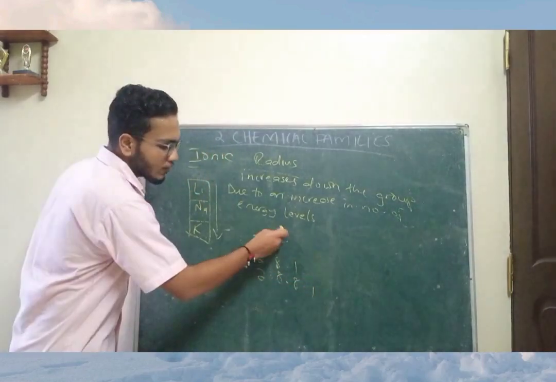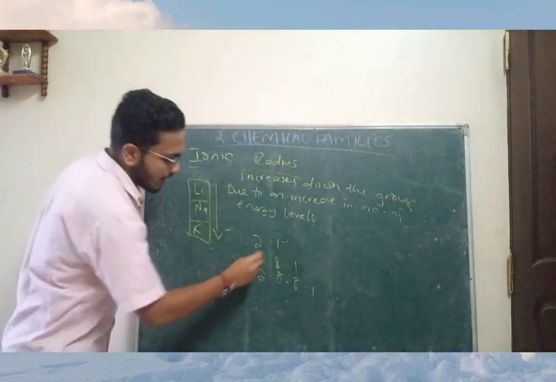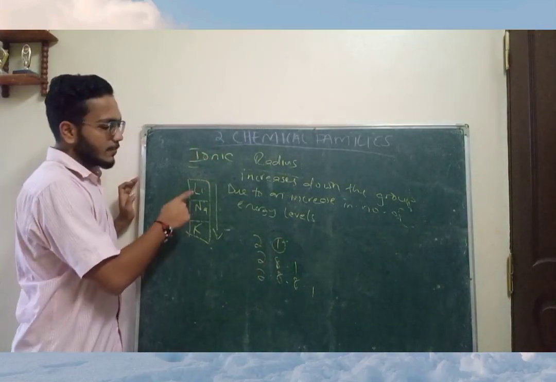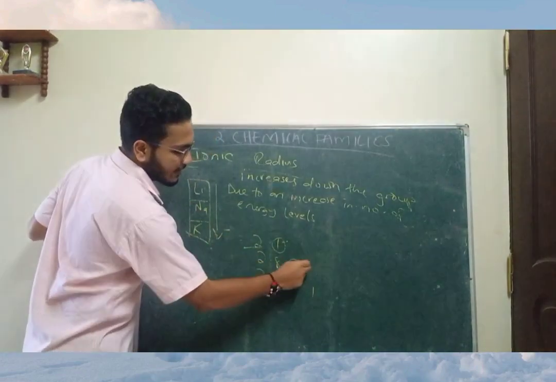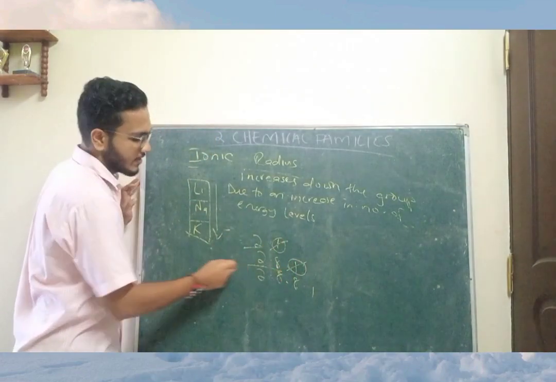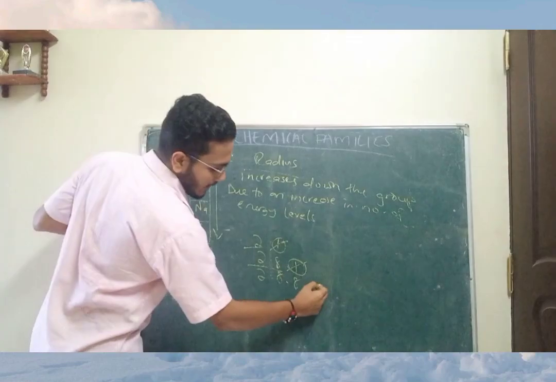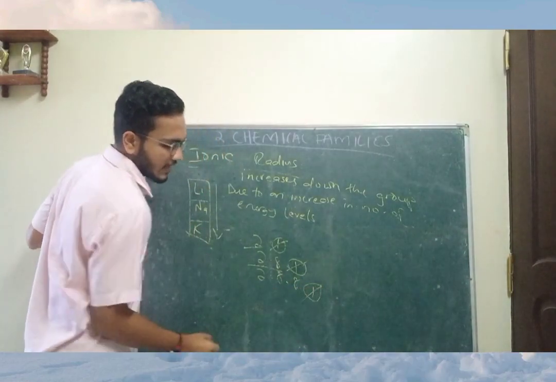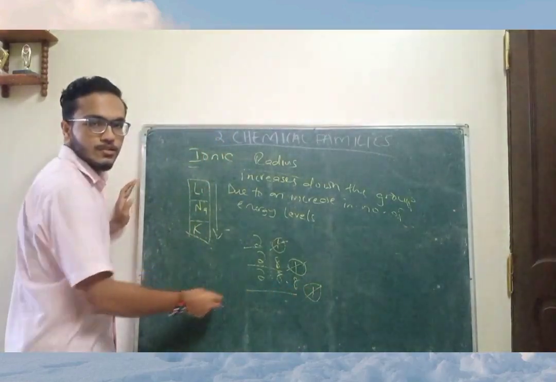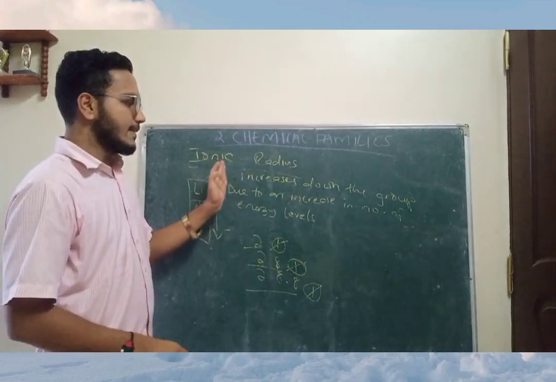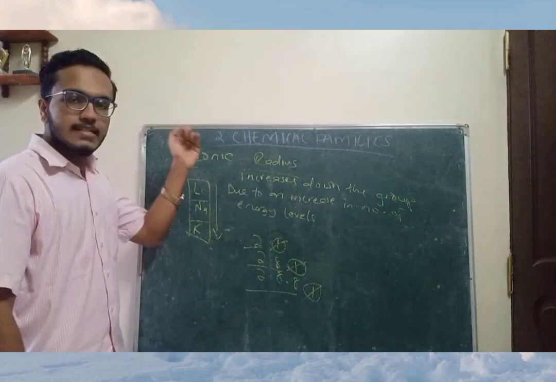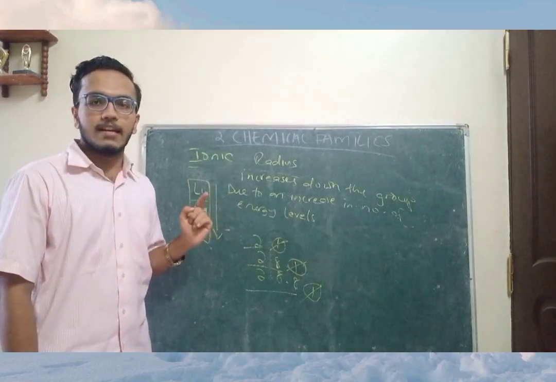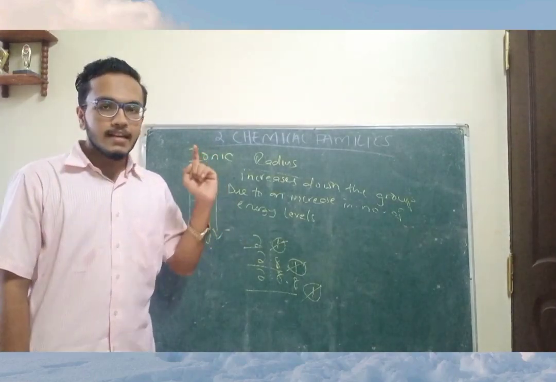Now, when these electrons are lost in the outermost energy level, lithium is left with 1 energy level, when sodium loses this 1 electron, it is left with 2 energy levels, and when potassium loses the last electron, the last energy level, it is left with 3 energy levels. So, following atomic radius, the ionic radius of alkali metals also increases down the group due to an increase in number of occupied energy levels.